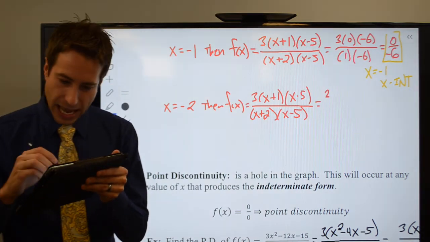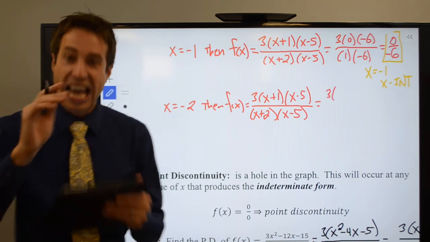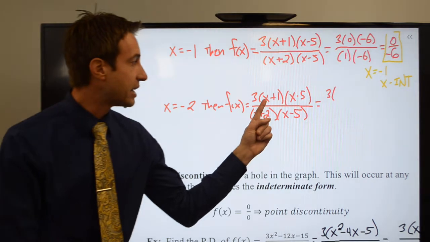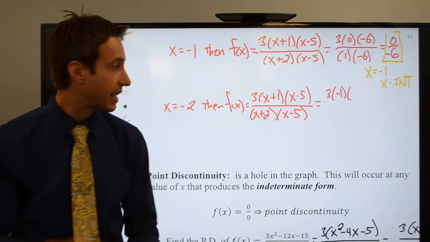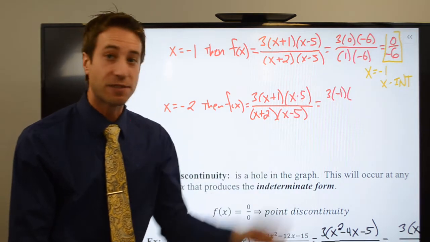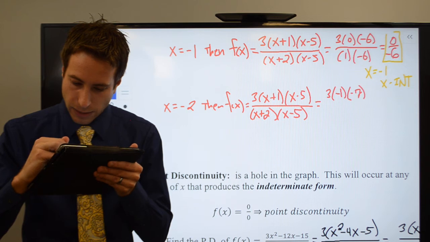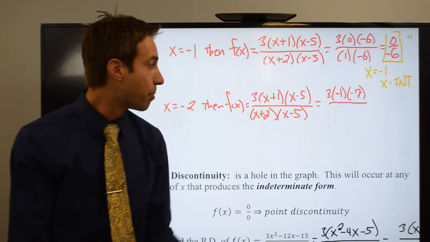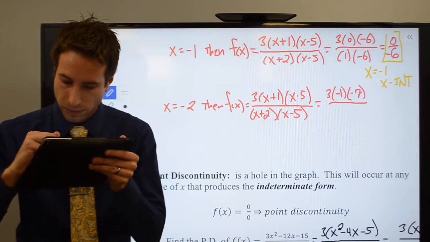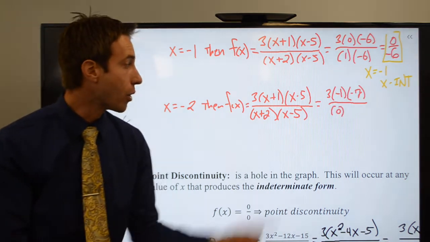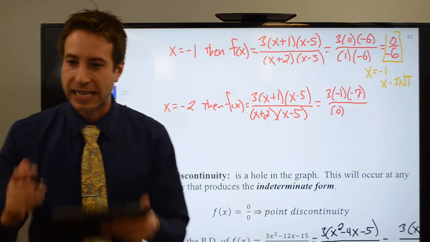If I plugged in a -2, -2 plus 1 is -1. -2 minus 5 is -7. In the bottom, -2 plus 2, that's a 0. Keep going. -2 minus 5, well, again, that's a -7.